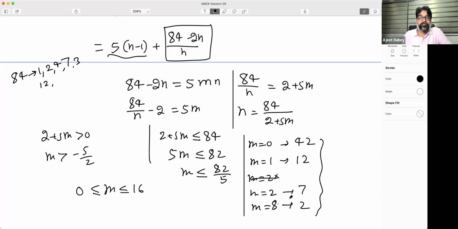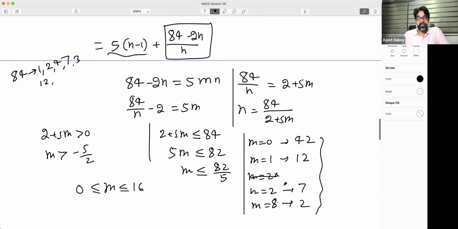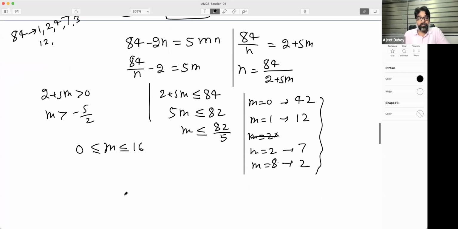These are the values that will come. Any other easy way? According to me, this is the answer. This is the 4 answers, means final answer n equal to 2, 7, 12, 42.